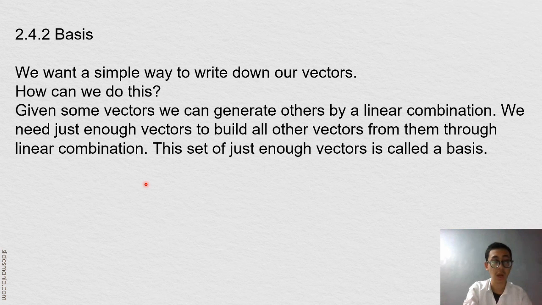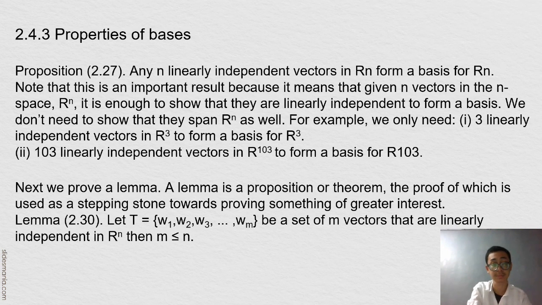We want a simple way to write down our vectors. How can we do this? Given some vectors, we can generate others by linear combination. We need just enough vectors to build all other vectors from them through linear combination. This set of just enough vectors is called a basis.